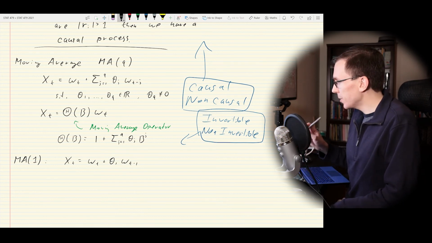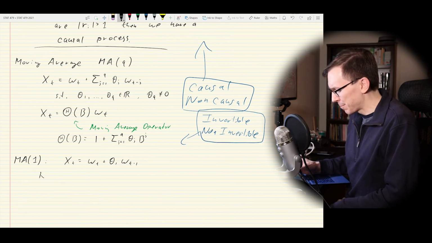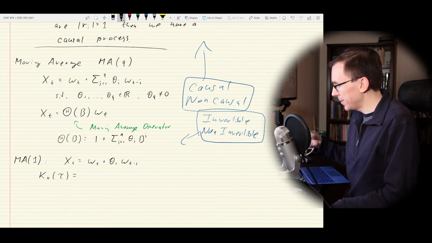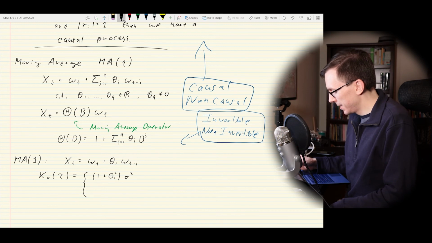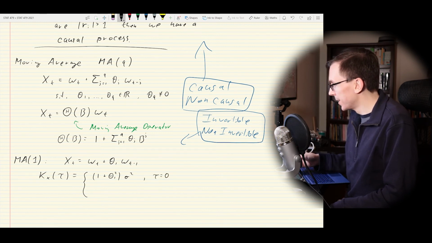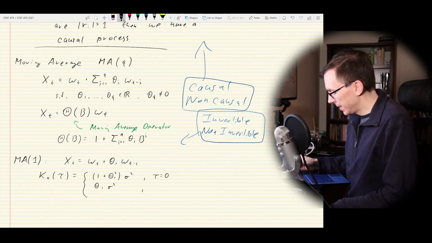Well, I don't think I did this in the previous lecture, but you would have done it in your assignment: if we compute the autocovariance for this thing, it is fairly nice. It's just going to be (1 + theta_1 squared) sigma squared for tau equal to 0, theta_1 sigma squared for tau equal to 1, and 0 for all other values of tau.